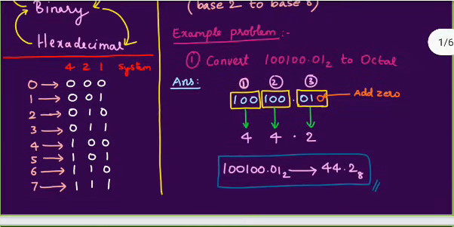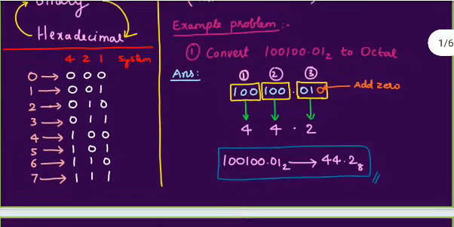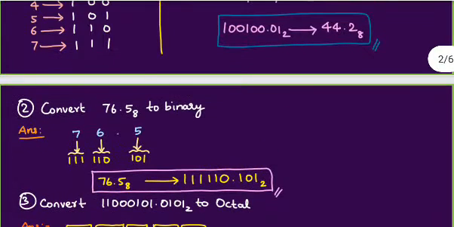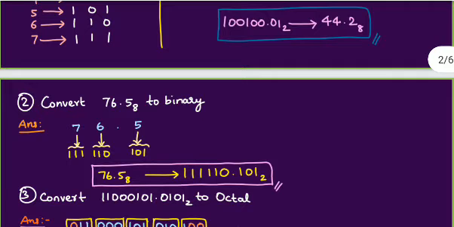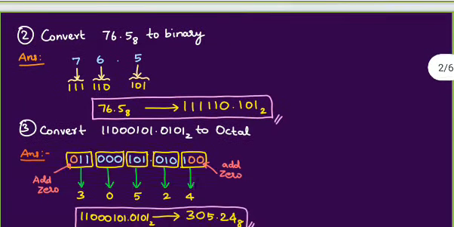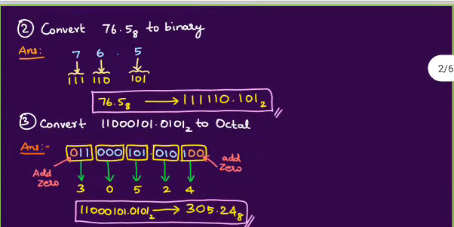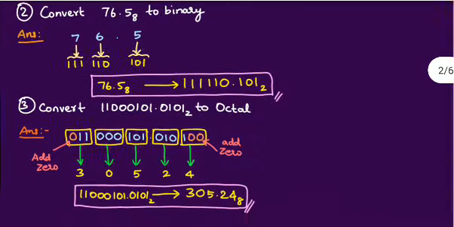What is the binary equivalent of 6? 110. What is the binary equivalent of 5? 101. It is there in the top left corner. So the binary equivalent of octal number 76.5 is 111110.101. This is the binary equivalent of the given octal number.